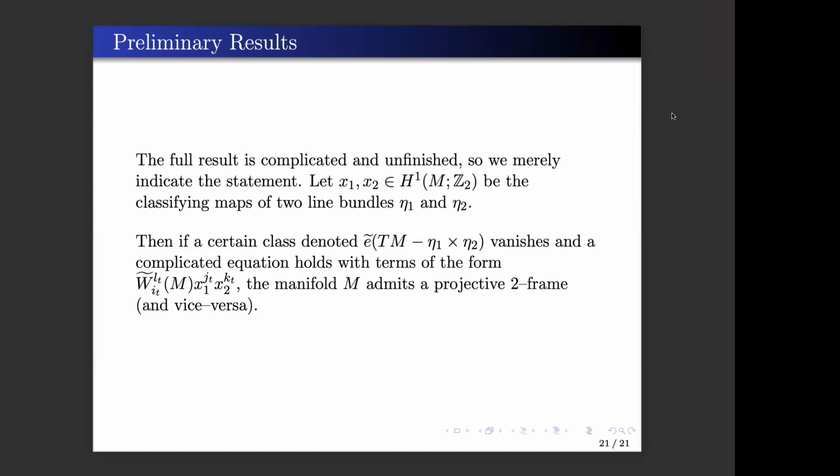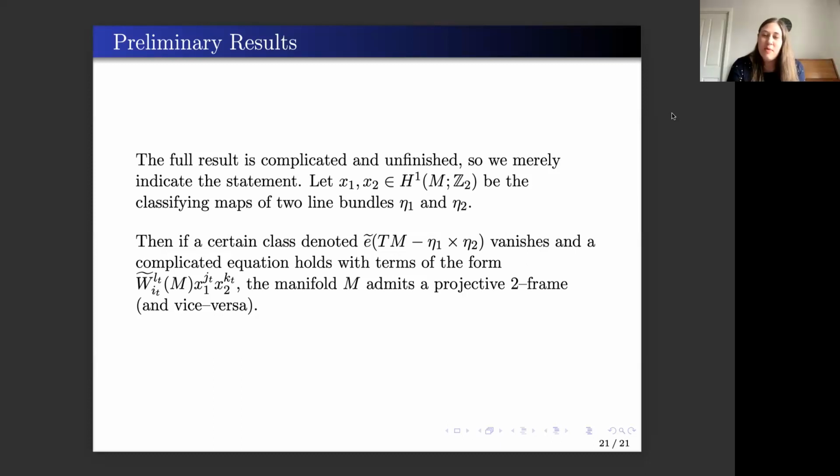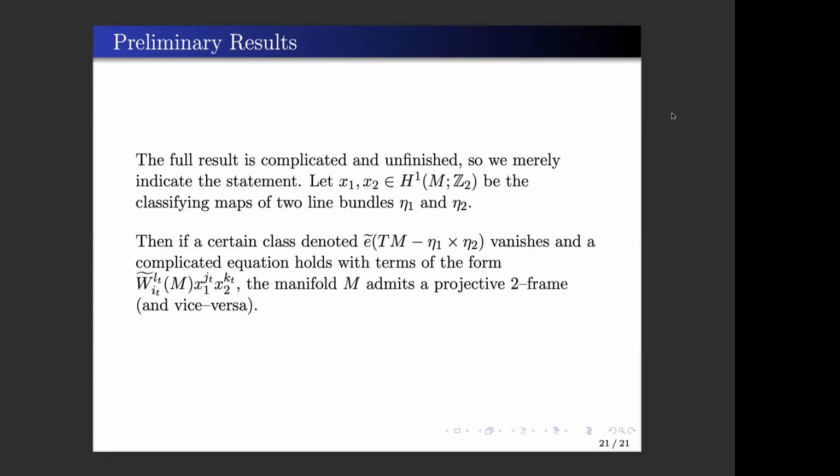I was trying to do that with these as well, but it doesn't really seem to be working out like that. It's all a bit strange, but I completely agree with you. I feel like that's what they should be, obstructions to the section of some fiber bundle, but it doesn't seem like it's working out that way. Okay, thank you.